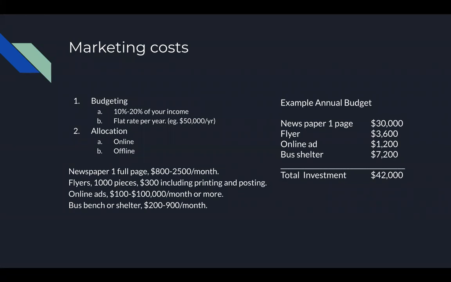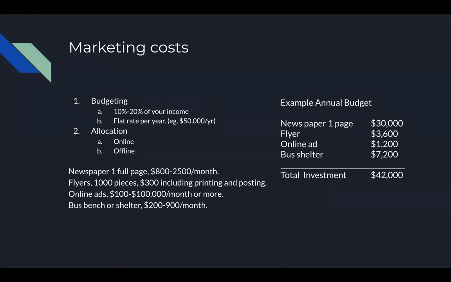A newspaper page is anywhere from $800 to $2,500 a month. Flyers, 1,000 pieces, is about $300, including printing and posting. Online ads are $100 to $100,000, there's no limit. Bus benches and shelters are around $200 to $900 a month, depending on the location and how many you get.